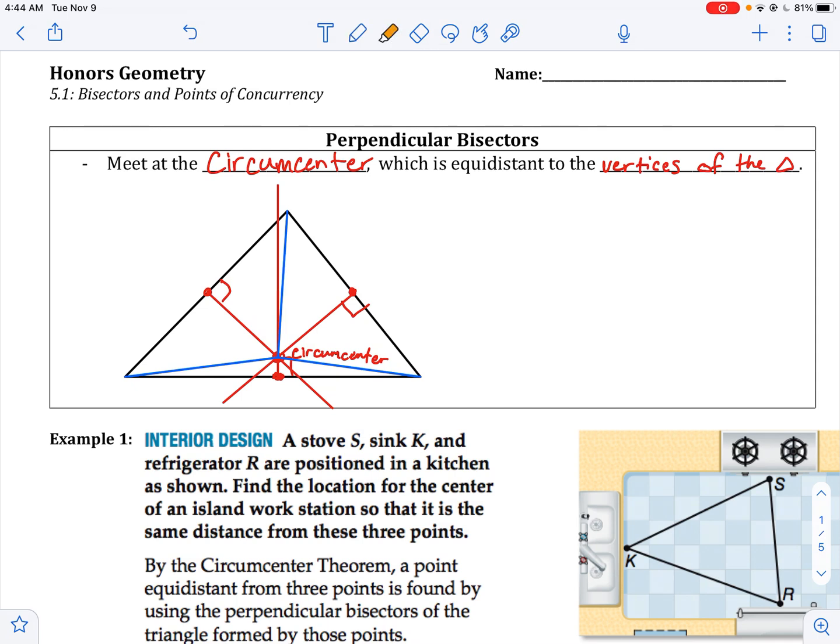So anytime you are asked to find a point that is equidistant between 3 points, that would be the circumcenter, and you would find the perpendicular bisectors of the 3 sides of the triangle.